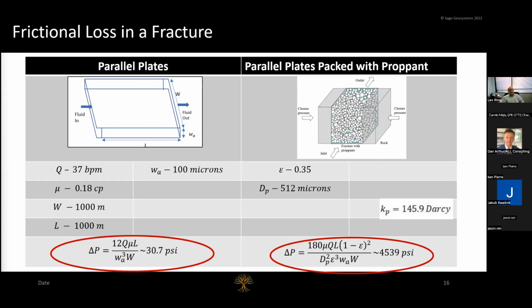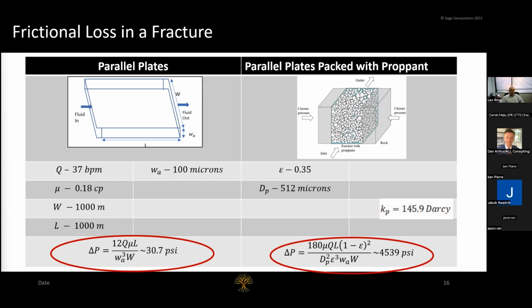Well, that's very bad news, because even in a perfect scenario, the power lost due to friction is going to be more than you would be able to generate. And even for this proppant, if you look at permeability, it's almost 150 Darcy. So there is no realistic proppant that can allow you to do this.